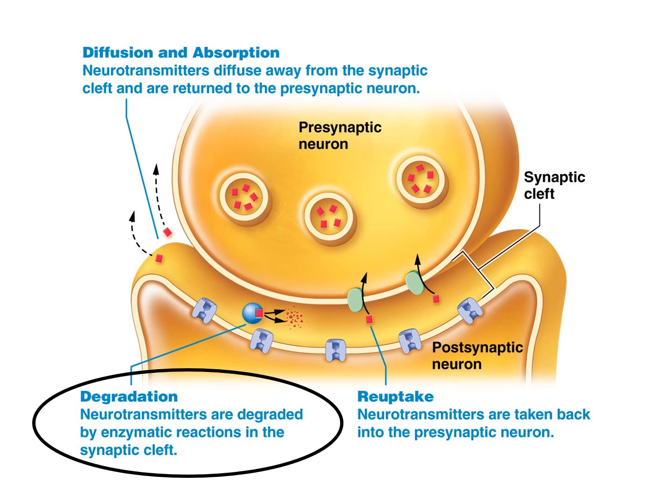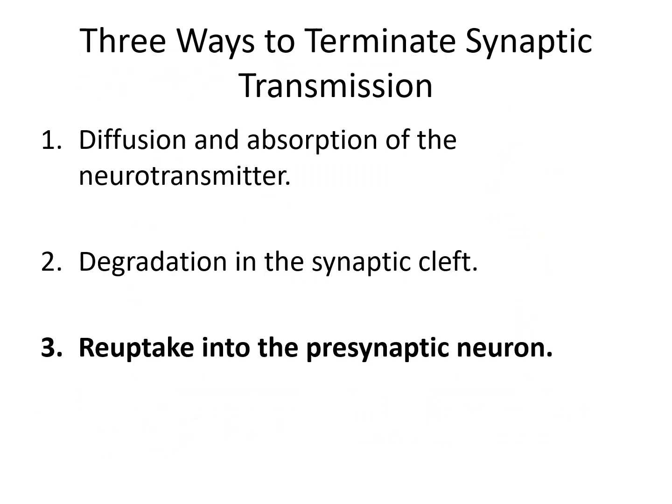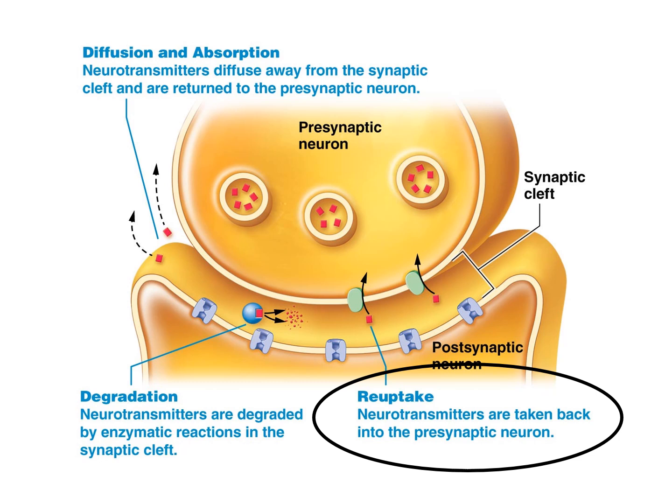Okay, so degradation, neurotransmitters are degraded by enzymatic reactions in the synaptic cleft. Okay, and then these can be reabsorbed as well to make new neurotransmitters. Finally, a third way is the reuptake into the presynaptic neuron. Okay, so how is this different from the other ones?